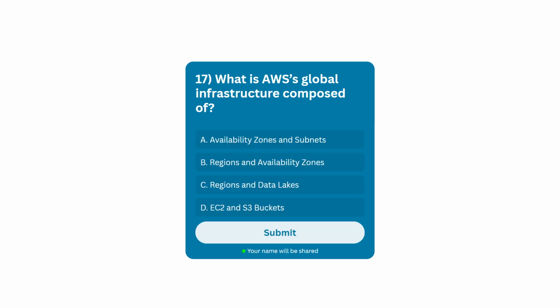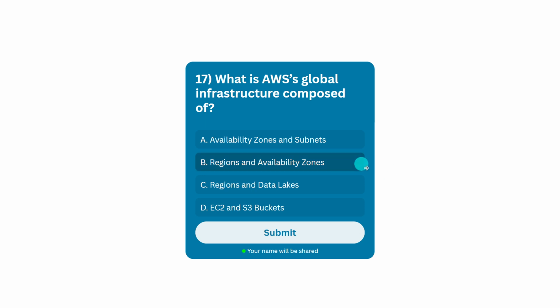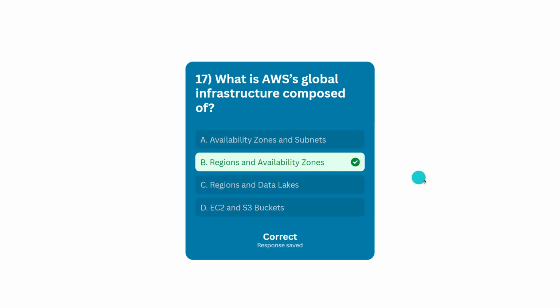What is AWS's global infrastructure composed of? Regions and availability zones. AWS regions contain multiple isolated availability zones to improve fault tolerance and availability.